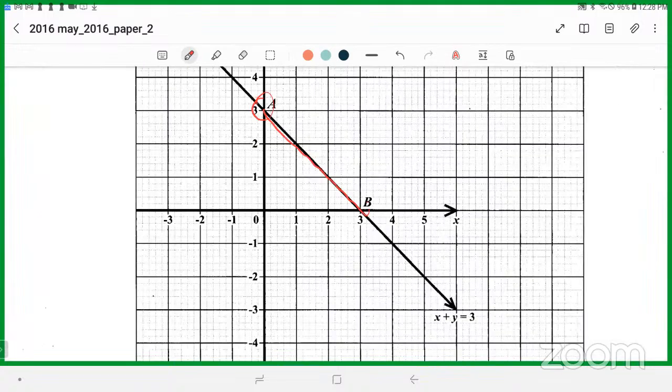AB passes through the points 0, 3 and 3, 0. Remember, the midpoint is the average of the x values and the average of the y values. These are your x values, and these are your y values. So the average of the x values would be 1.5, and the average of the y values would be 1.5. So it passes through this point, 1.5, 1.5, here.